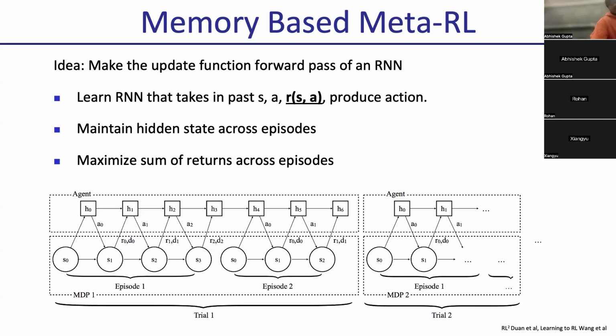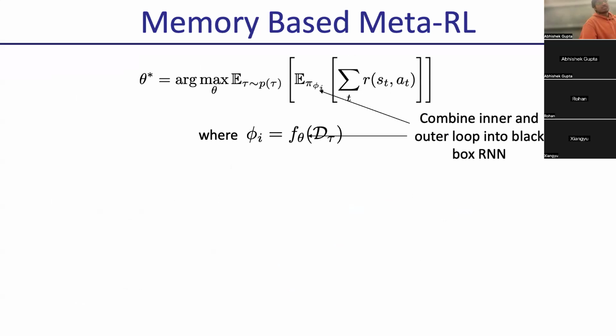And so if we go to our recipe, the inner and outer loops are just this big black box RNN. You can almost think of policy gradient, where your policy is parameterized as an RNN which takes in past reward and is optimized across many different tasks, as already doing meta-RL.